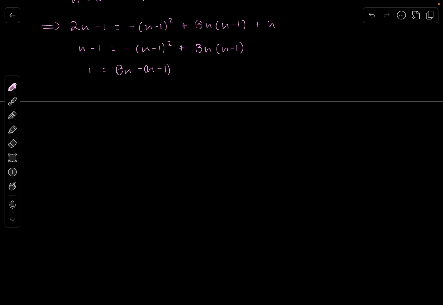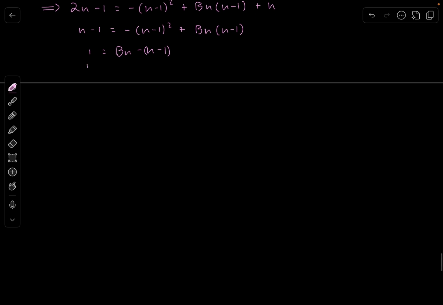Right? Because cancel that out. So now we have 1 which also equals bn minus n plus 1.